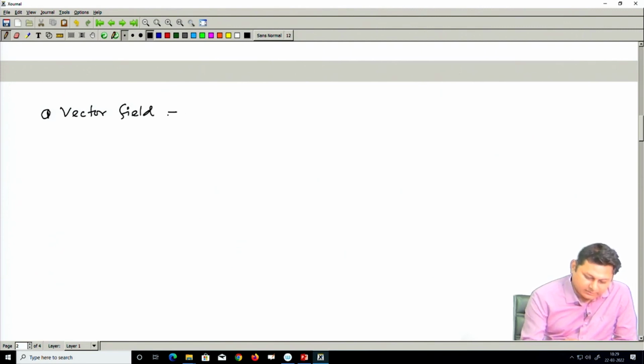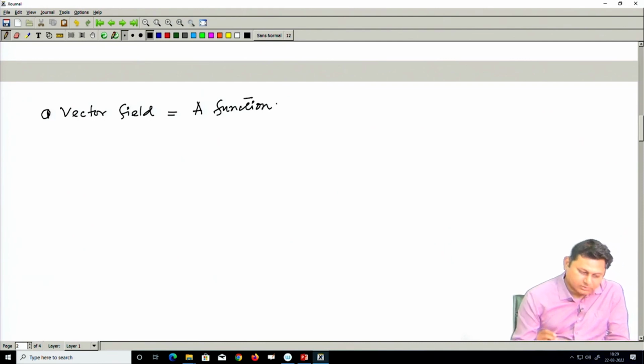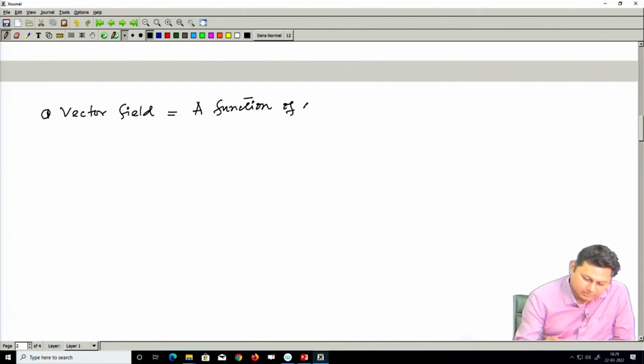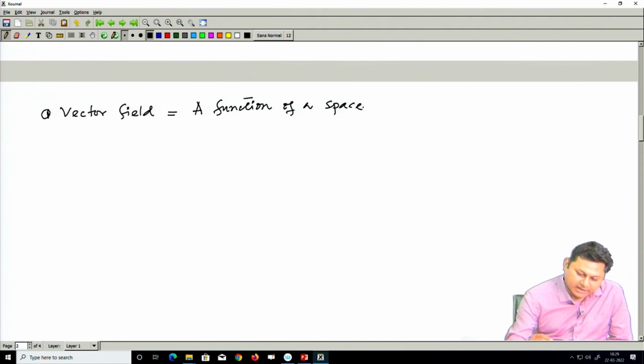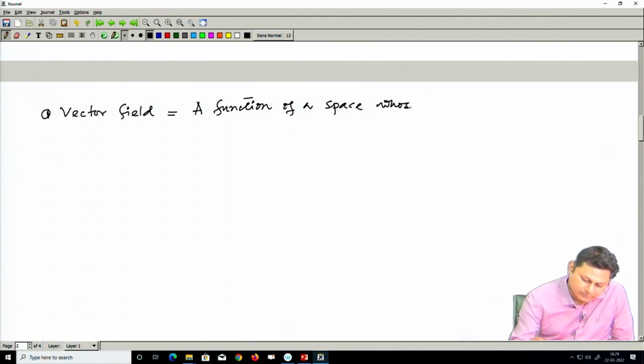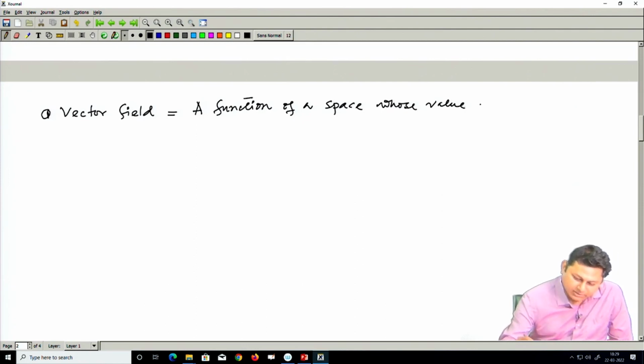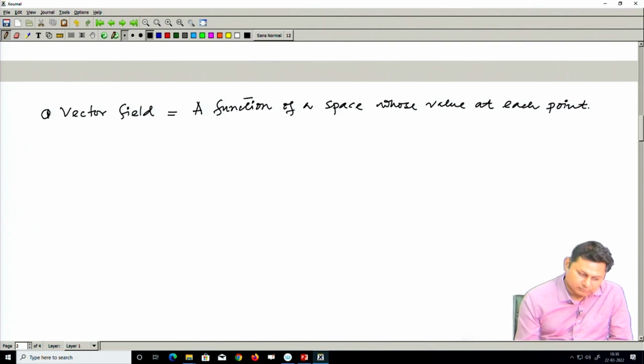What is a vector field? A function of a space whose value at each point is a vector quantity.